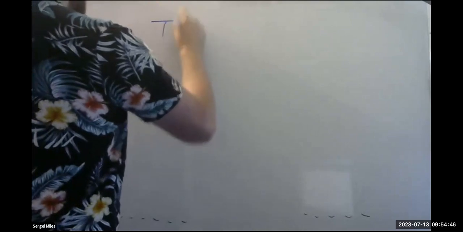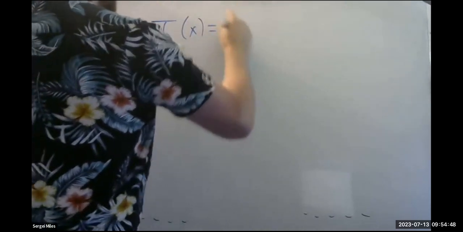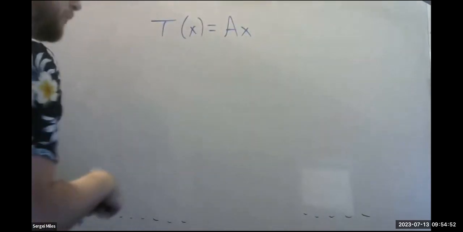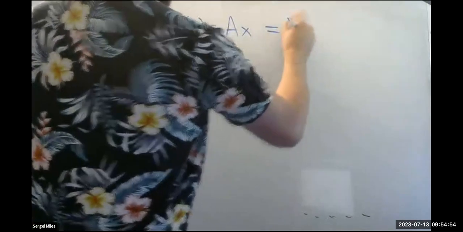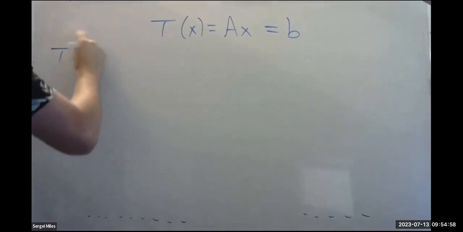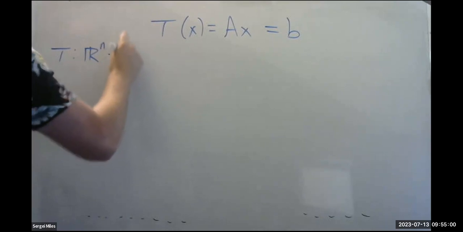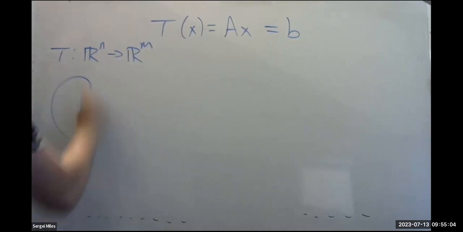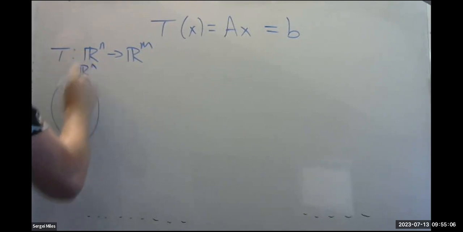For linear transformations, we have this formula. When you plug in a vector x, multiply it with A, you get a brand new vector b. T is a transformation from some Rn into Rm. Our x is inside of the domain.